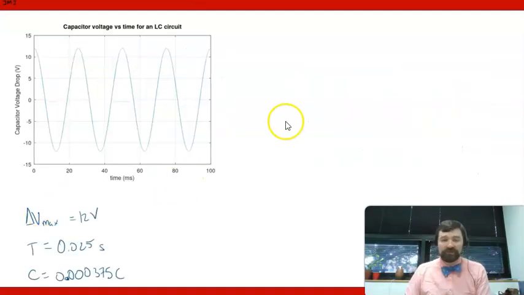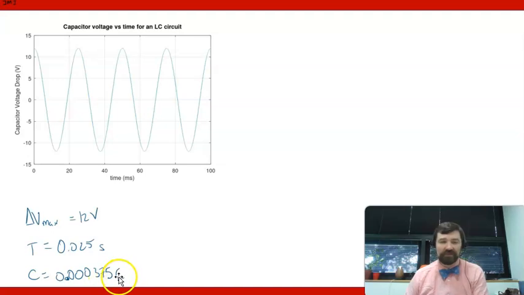We can go and double check some of these claims by changing some of the relevant parameters in the simulation and replotting. So this right here is sort of like our initial set where we had 12 volts, 0.025 second period, and 0.00375 coulomb.